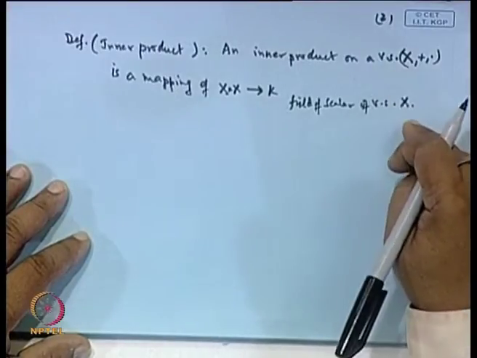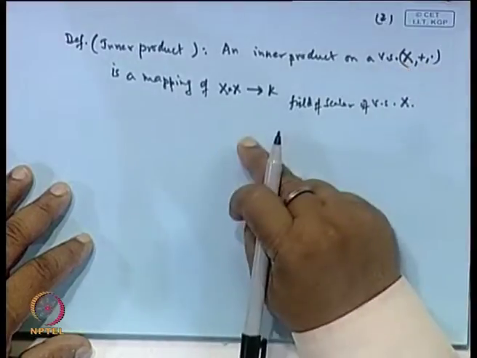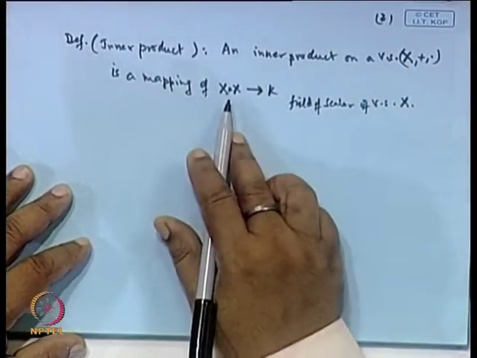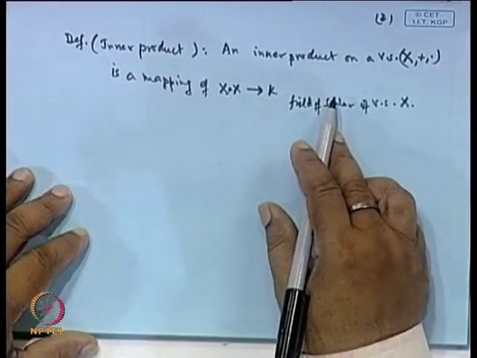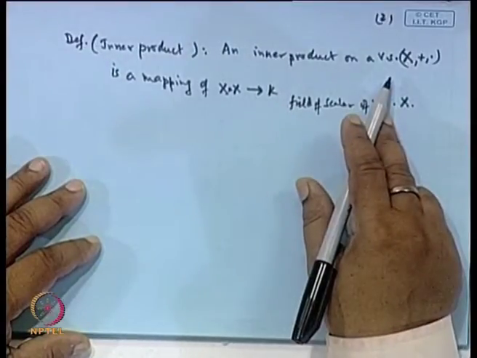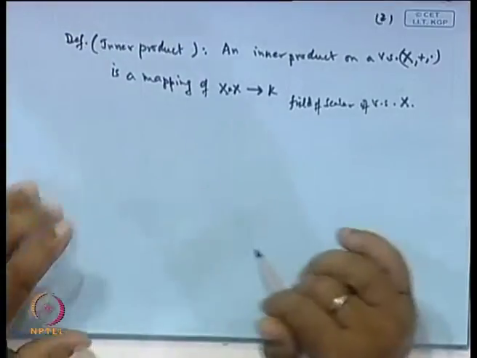So, X is a vector space over the field K. It may be real, then we say it is a real vector space. When K is complex, we call it a complex vector space. So, a mapping from X cross X to K, this mapping we call an inner product, provided the following conditions are satisfied.